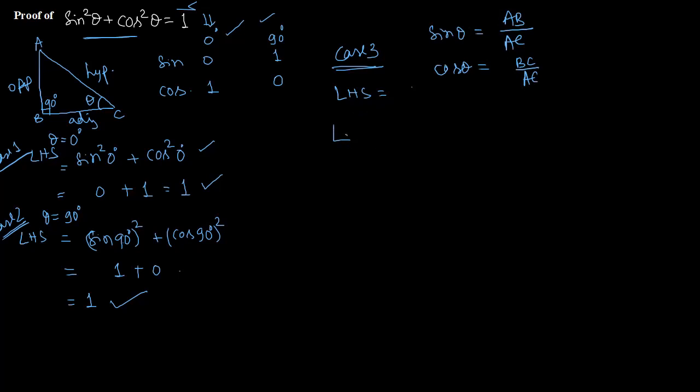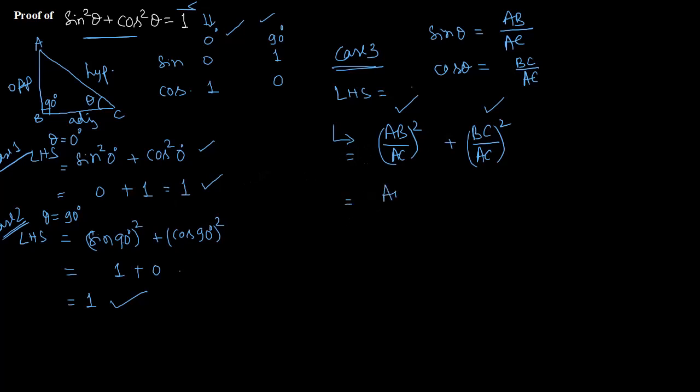Let's just substitute those values in sine theta and cos theta. Sine square theta, which is AB by AC whole square, plus BC by AC whole square. This is my sine square theta and cos square theta ratios based on the sides of that triangle, and this is my LHS.